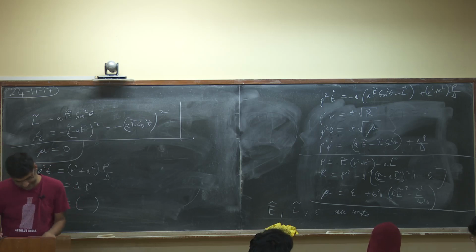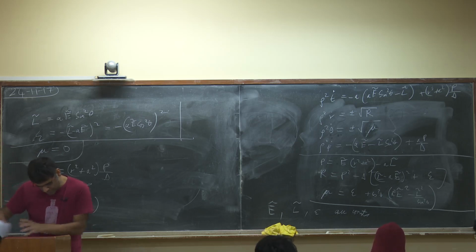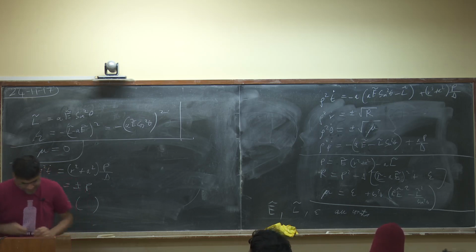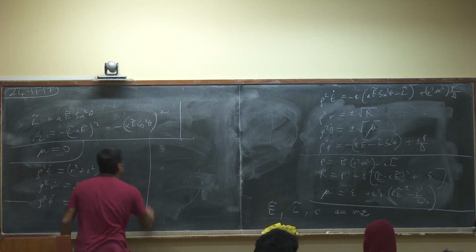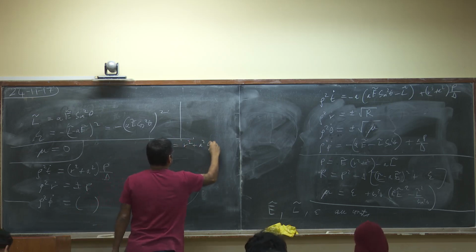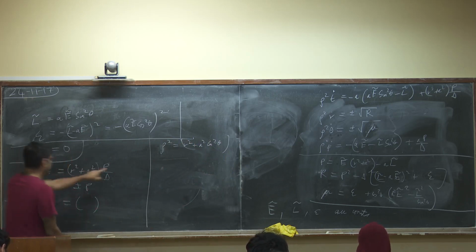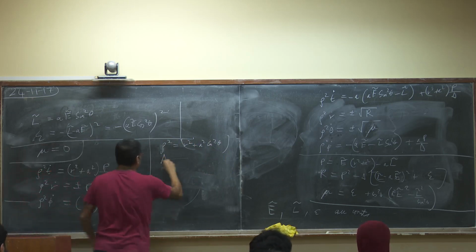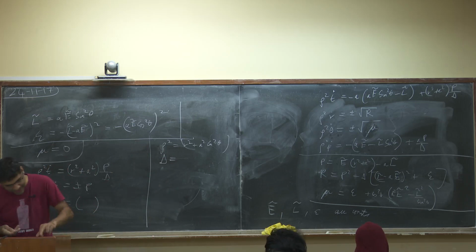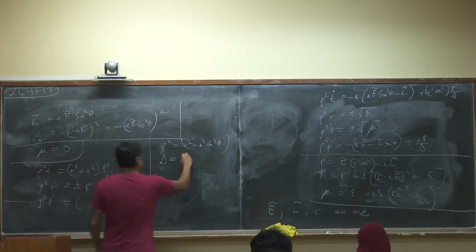Just a minute. Rho squared was R squared plus A squared cos squared theta. And P and delta we know. Okay, delta I'll have to report, we've forgotten. Delta was R squared minus 2mr plus A squared.